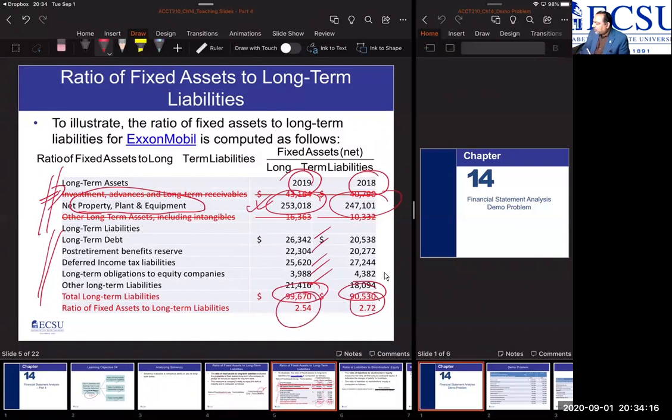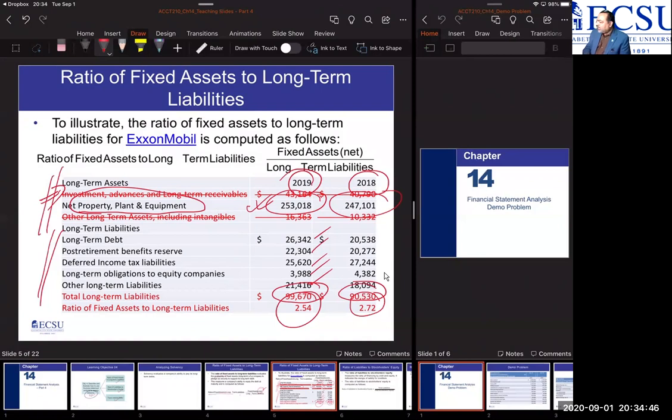So what does that mean? It means it has 2.5 times more assets than the liability. That's a fairly good situation to be in the long run. So possibly banks and financial institutions will be willing to still lend more money to you because you have more assets. In 2018, you had 2.72 times.